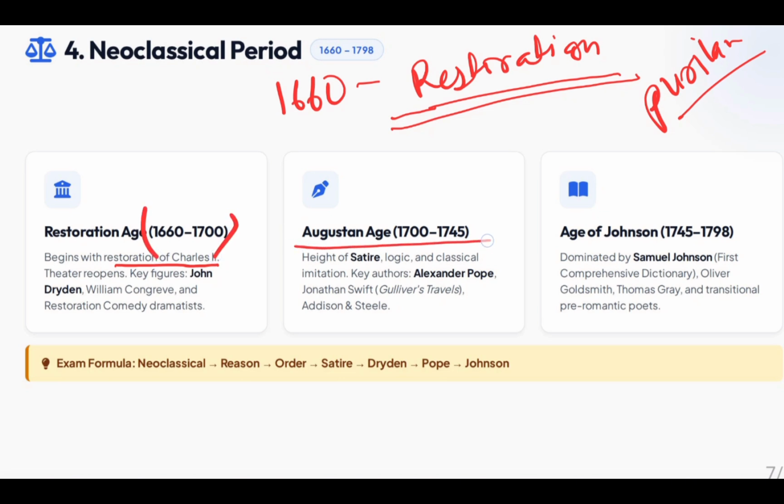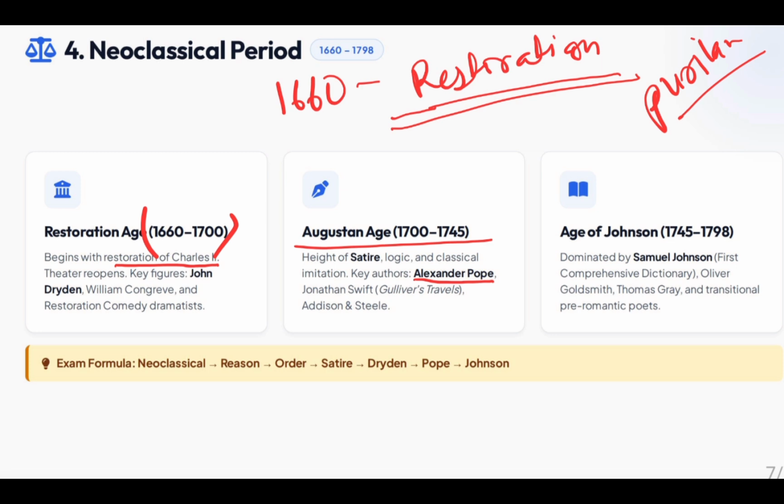Then 1700 to 1745 is the Augustan age. At this time the most prominent writer was Alexander Pope, and satire becomes a particularly important genre of literature at that time.